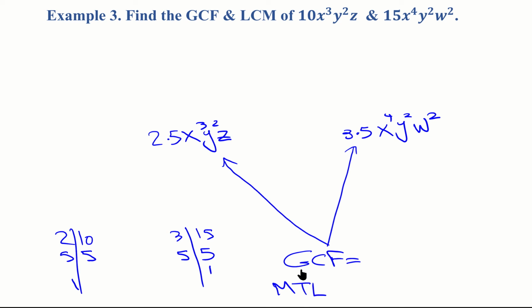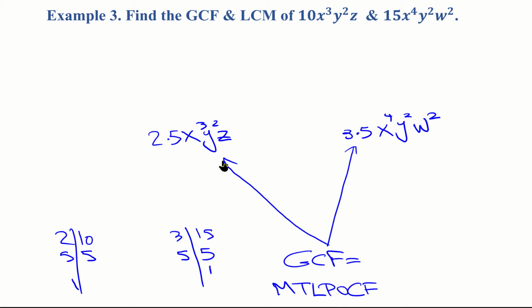You understand why it's true, but it's kind of nice to remember it this way. For the greatest common factor, you actually multiply the lowest. So this apparent contrast, remember, for the greatest common factor, you multiply the lowest power of only the common factors.